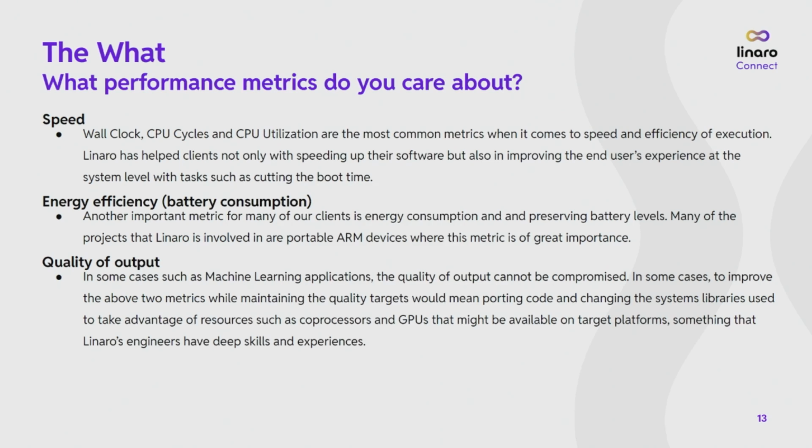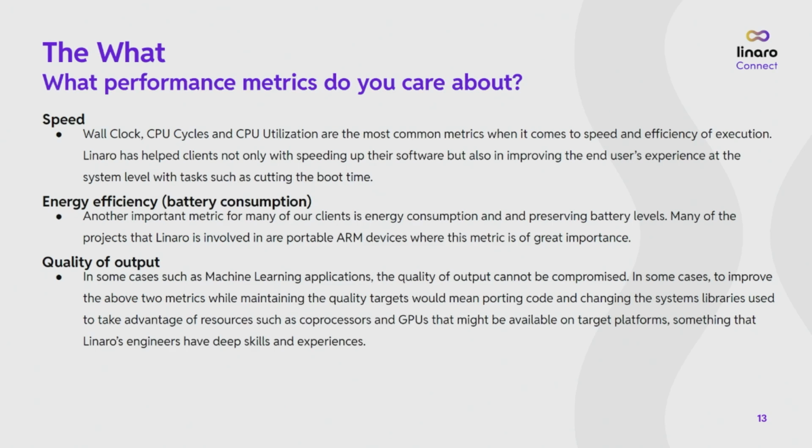ARM has some neural network processors. Something I've seen in the projects I was involved with was Hexagon from Qualcomm. In those cases, what you would need to do is not just think about these two metrics, but also about what happens when you convert your models to use these co-processors. You might be using the GPU for some of your workloads, or the specialized neural network co-processor, and in those cases the quality can drop.